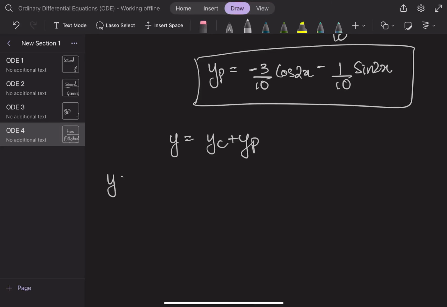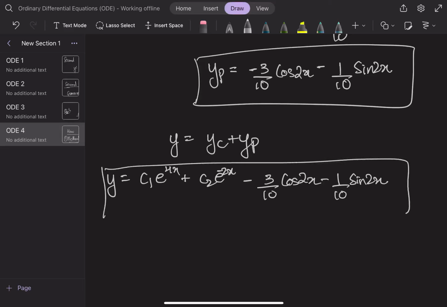So our final y is equal to c1 e raised to 4x plus c2 e raised to minus 2x minus 3 by 10 cos 2x minus 1 by 10 sin 2x. This is your answer.